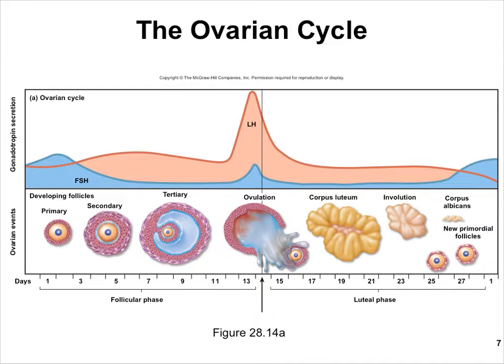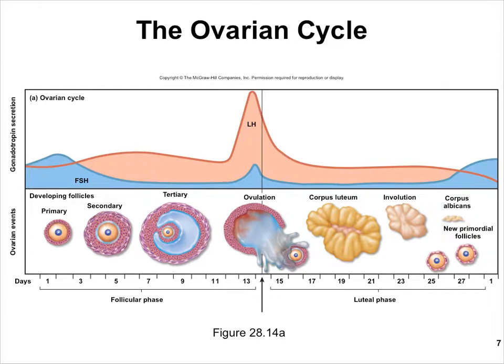The lowering levels of FSH mean that most of the follicles will just simply stop developing and atrophy, but the one that's been basically banking this FSH by accumulating it inside of itself has the most FSH receptors, and it will continue to be able to develop even in these low levels of FSH.